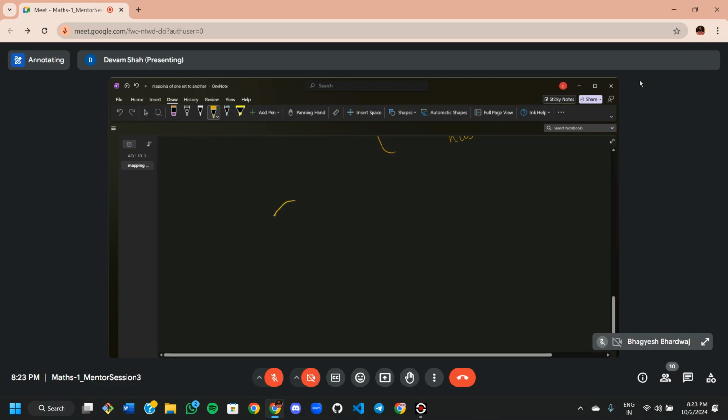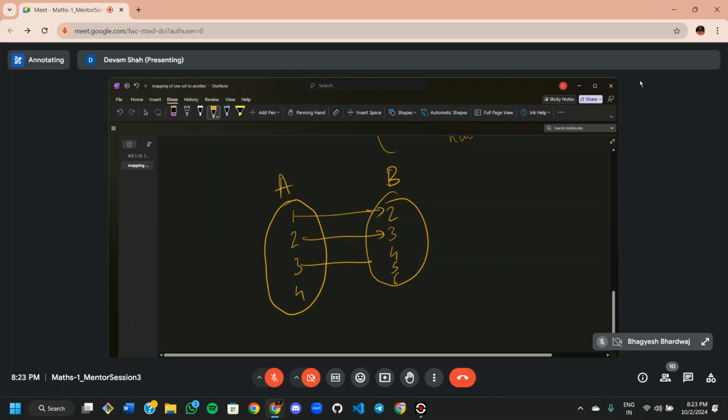So onto. What does onto mean? For example, we'll take numbers right now for better understanding. Now there is this 2, 3, 4, 5, 6. Okay, this is A, this is B. Now, can you tell me that every element in B has a pre-image in A?